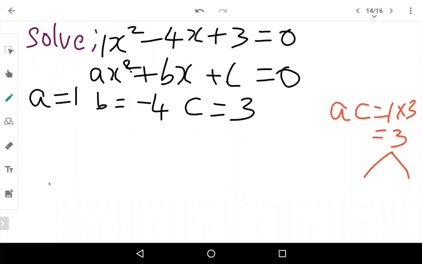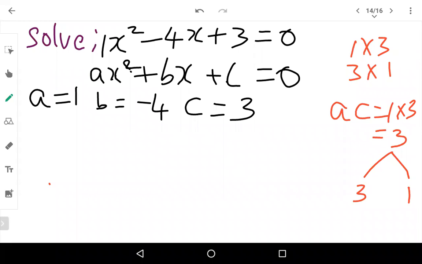So either we have to take 3 into 1 or 1 into 3. Those are the only two ways that we have. So we are taking 3 into 1.